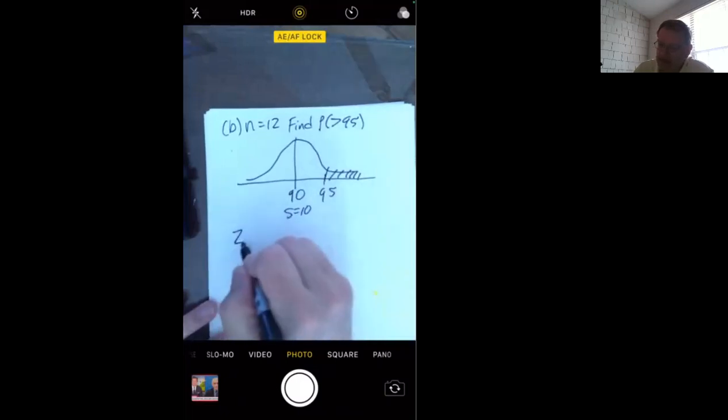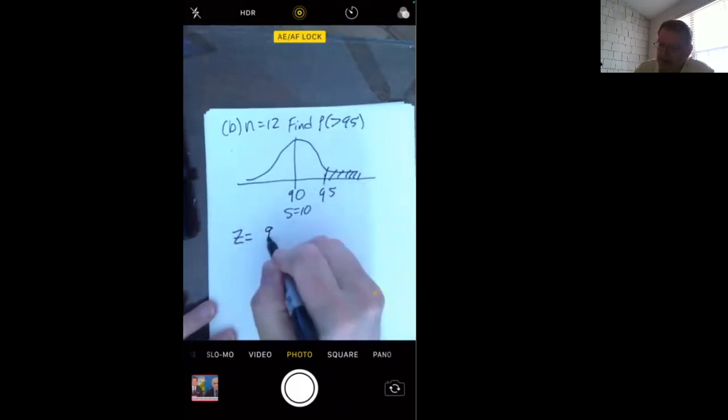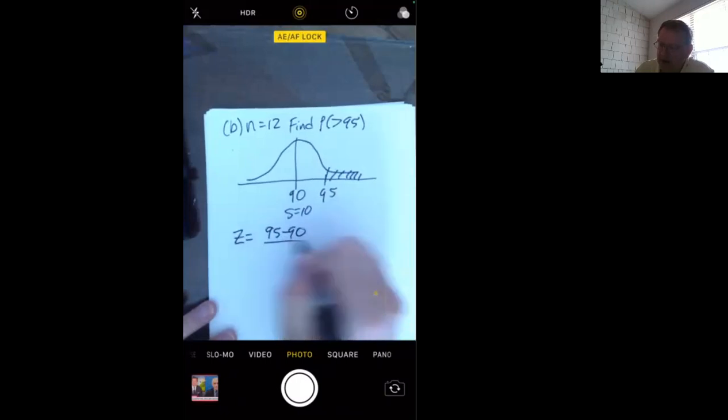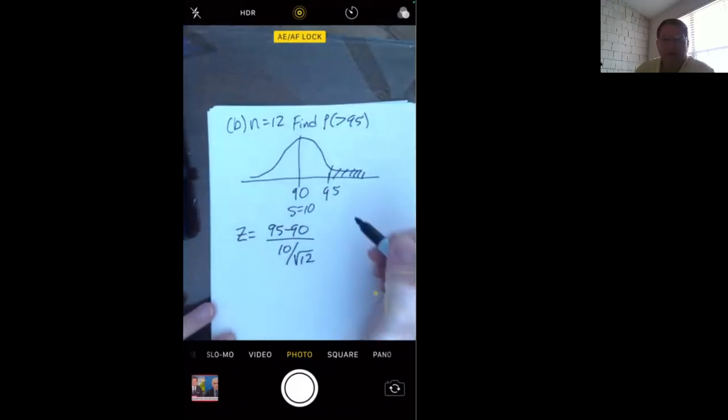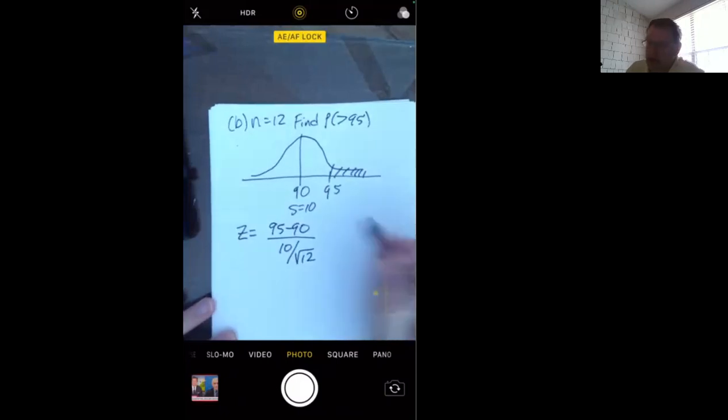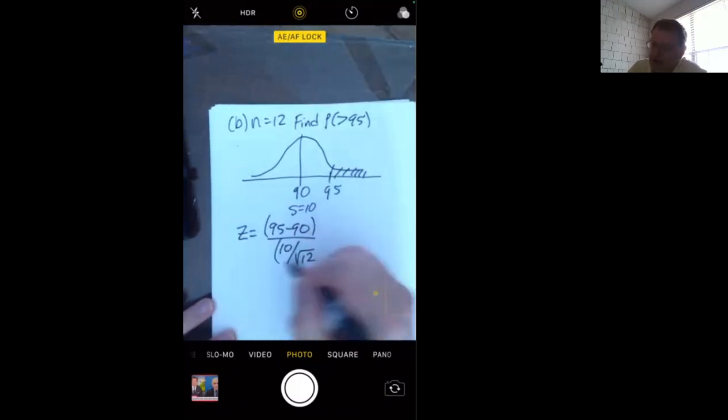And now your z is 95 minus 90 divided by 10, but that's corrected by dividing by the square root of the sample size. You put parentheses here and parentheses here.